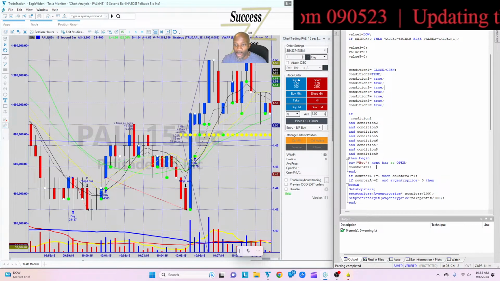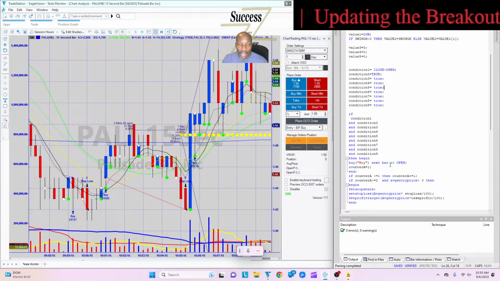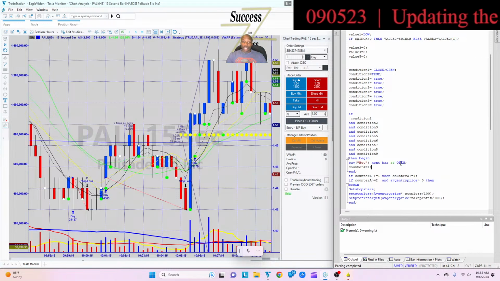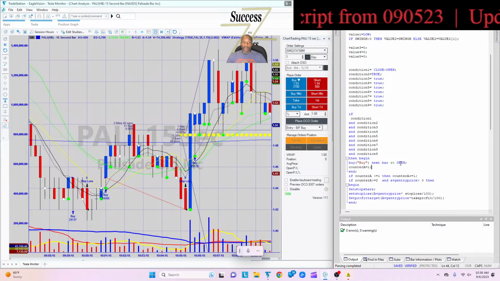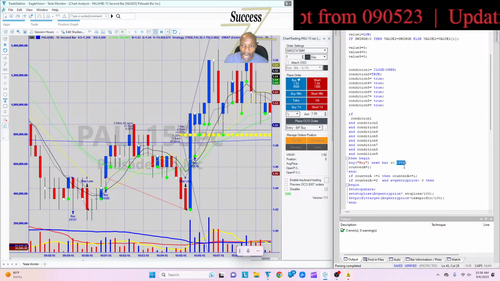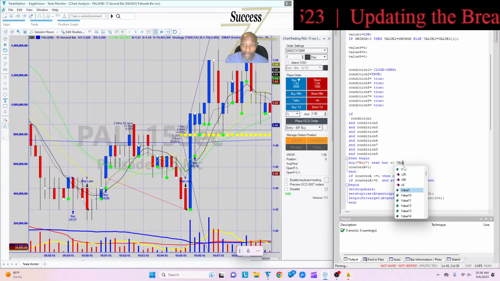If all those conditions are true, then buy the next bar at open. It's something with these buy orders. Then buy next bar at... because I think even before we changed the open part, we had buy the next bar at value 2.